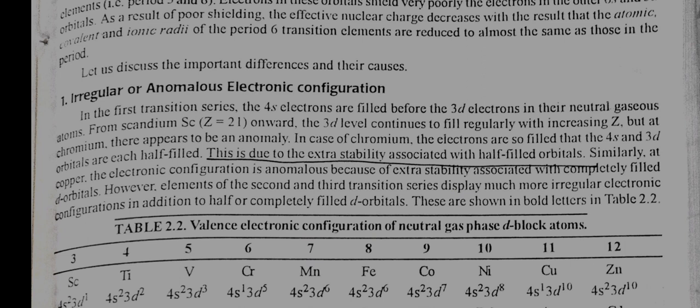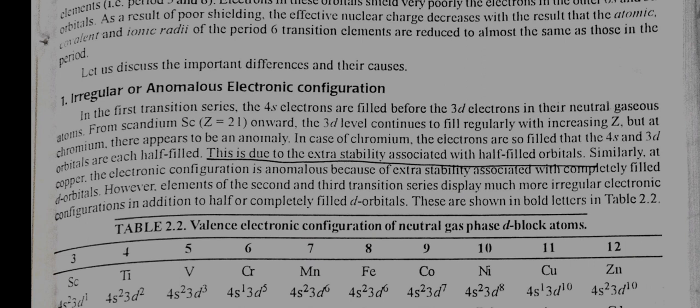But at chromium, there appears to be an anomaly. In case of chromium, the electrons are so filled that the 4s and 3d orbitals are each half filled. This is due to the extra stability associated with half-filled orbitals. Similarly, at copper, the electronic configuration is anomalous because of extra stability associated with completely filled d orbitals.